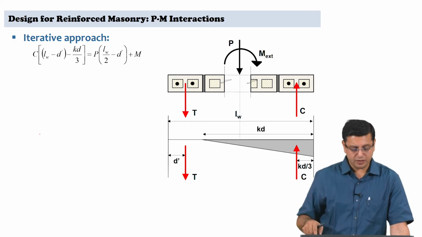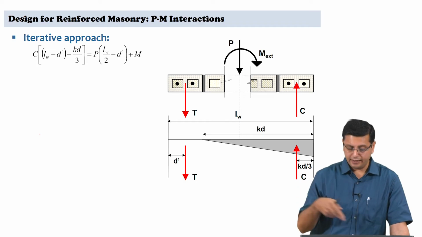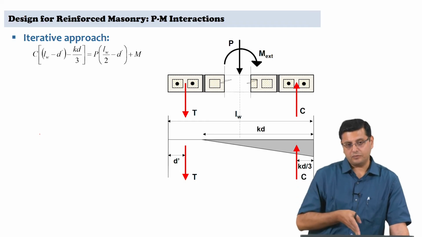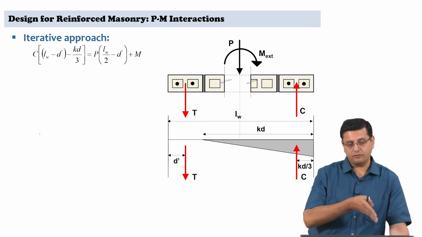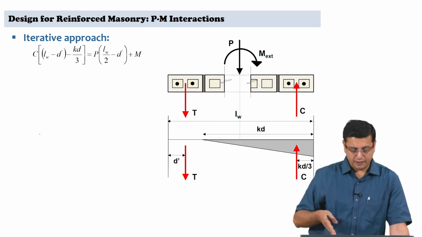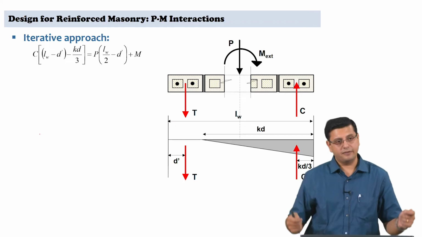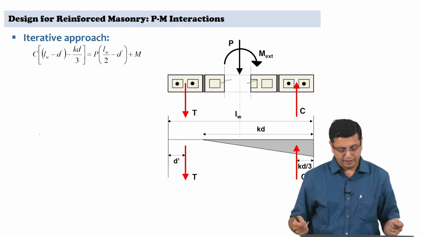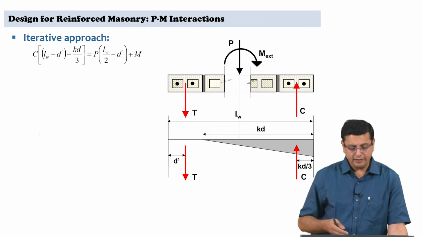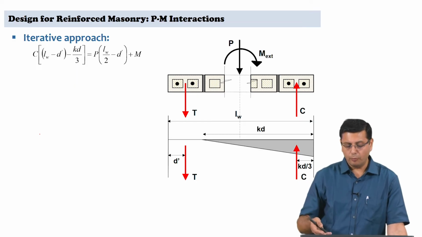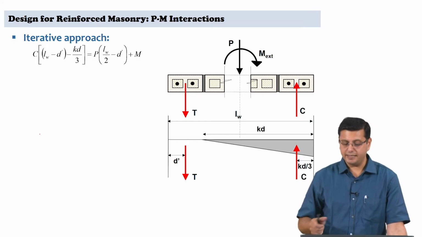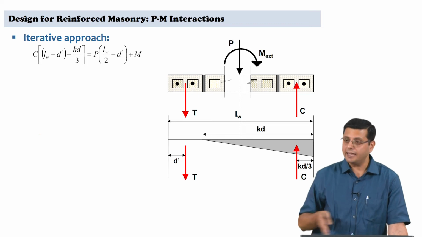With respect to the notations in the drawing here, we take the equilibrium of moments. So, the compression force into the lever arm that you have: Lw minus d' is in this case the effective depth, which is from the edge fiber to the centroid of the tension reinforcement. Lw minus d' minus kd by 3 is the lever arm that is available for you in compression, and then the moment due to the load, because there is an eccentricity that is coming because of the cracking in the wall.